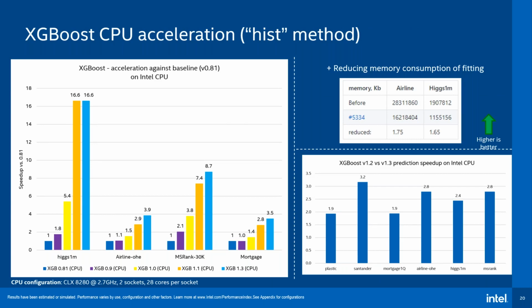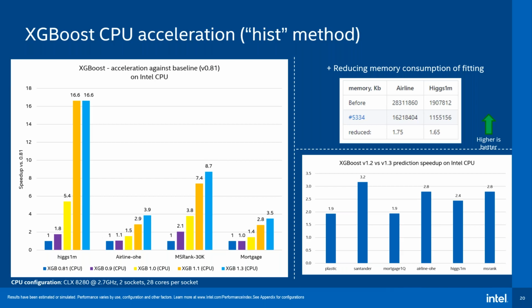If you look at the different data sets that we looked at for the XGBoost algorithm, you are seeing acceleration versus the baseline being XGBoost version 0.81 on a Cascade Lake 8280 CPU.